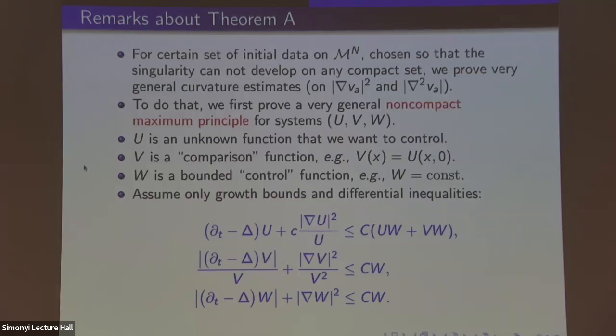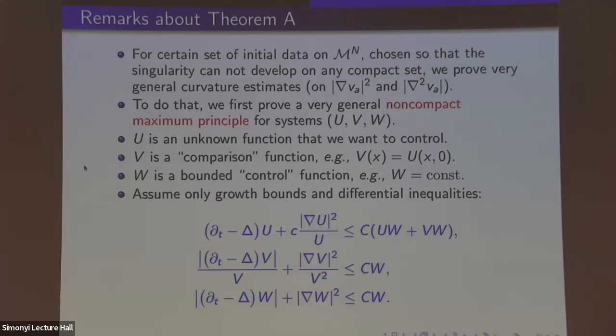In order to do that, I don't want to go too much into details, but we needed a general non-compact maximum principle for systems U, V, and W, where you can think of U as a function that you want to control in terms of V. You can have in your mind that you take V to be U at the initial time, but it may not be. And W is some bounded control function, could be anything, but in your mind you can just imagine that W is, let's say, a constant.